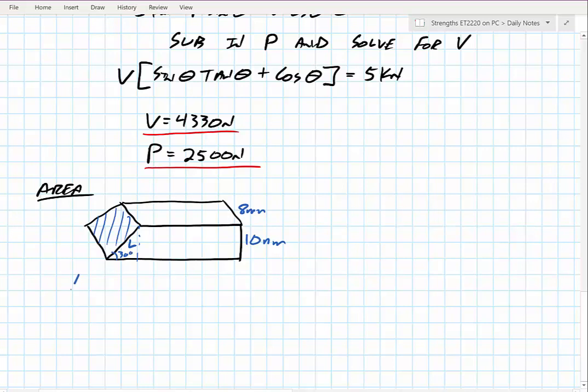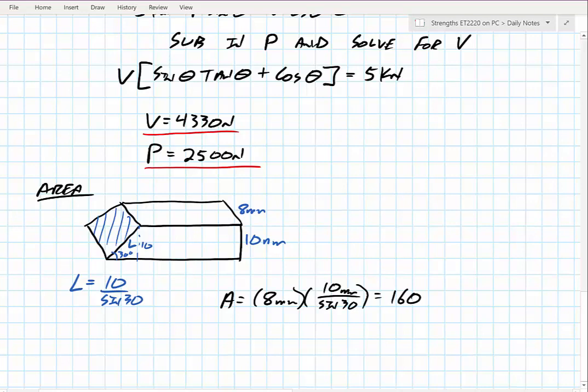I know that length must be equal to 10 over sine of 30. Once again, if you're struggling with your trig, go ahead and map it out and verify it for yourself. So my cross-sectional area is going to be the 8 millimeters times the 10 millimeters over the sine of 30 degrees, and that gives me 160 square millimeters.